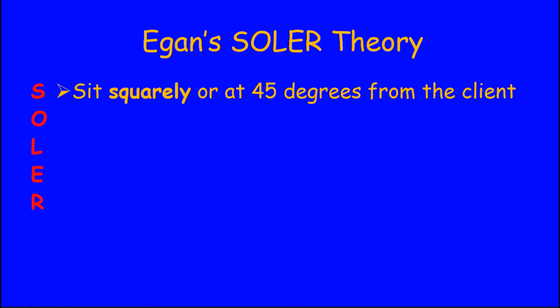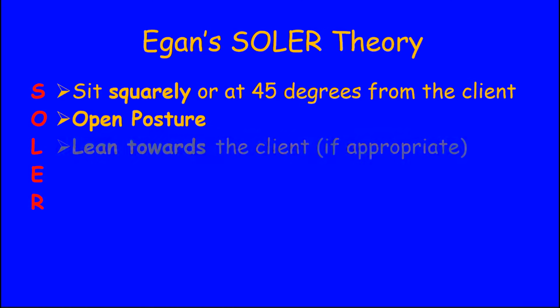So the first thing is sit squarely or at 45 degrees from the client. So in other words, you're sat facing the client. An open posture, so not being defensive, not having your arms crossed. So already we're seeing that this is about really being attentive and paying attention and giving the client your time and space for them to be heard.